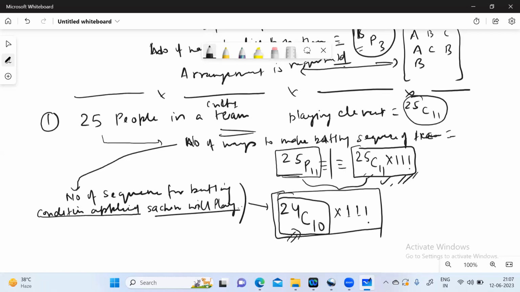So that's why thinking in this direction is also important: the number of arrangements is the number of selections multiplied by the arrangements among the r chosen. This is the same as nPr. This you need to remember. Is it okay for everyone?